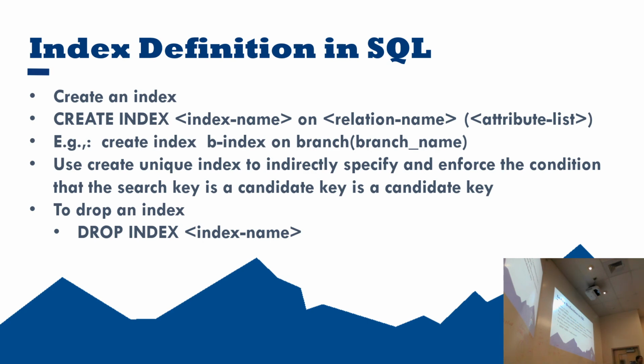And if you want to get rid of an index, it's the same way you get rid of a table. You drop, but you're not dropping a table. What are you dropping? An index. So say drop index and then the index name. Does that make sense? It's not a whole lot harder than everything else we talked about today.